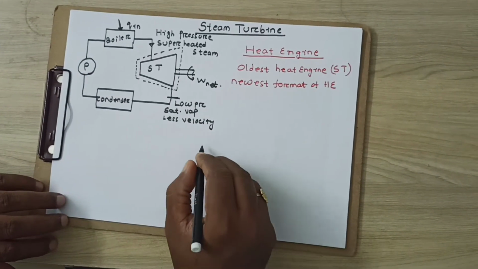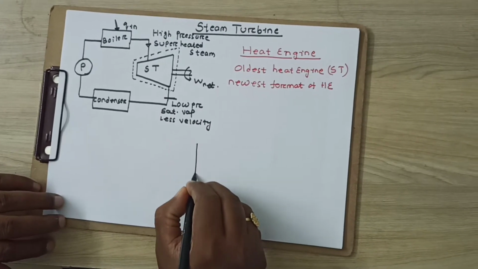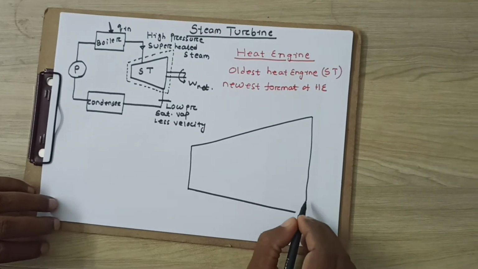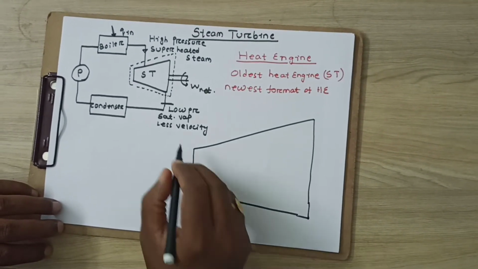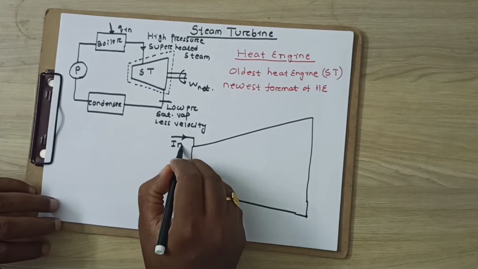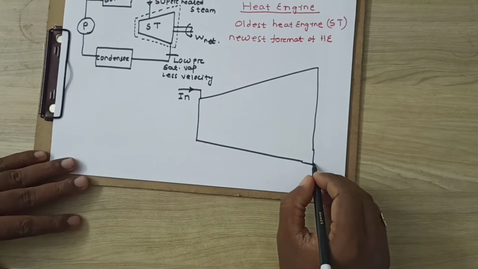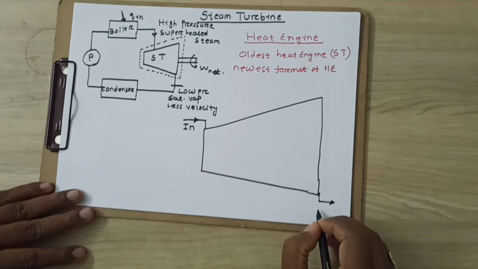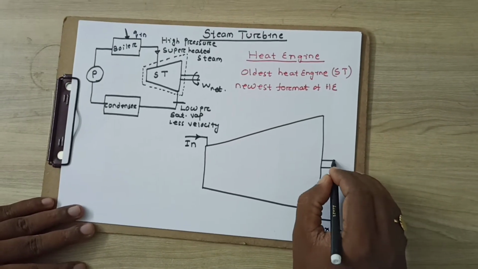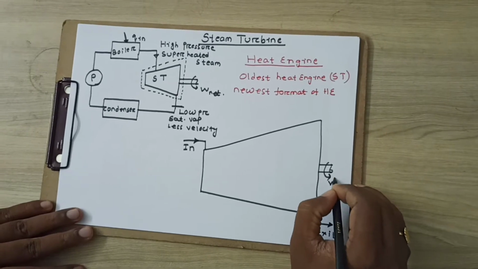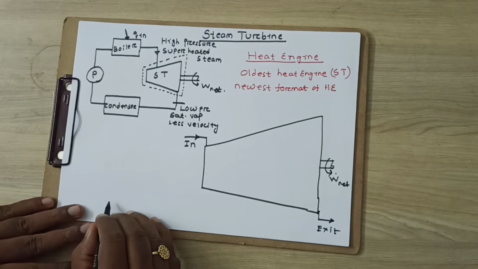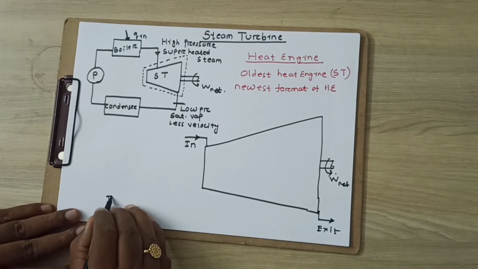So for the steam turbine, if I go for a bigger diagram, here it will be super high pressure and superheated steam coming in, and the steam will exit here. There will be a shaft coupling, we will extract work here, and inside this, for a basic case, suppose it is an impulse type.